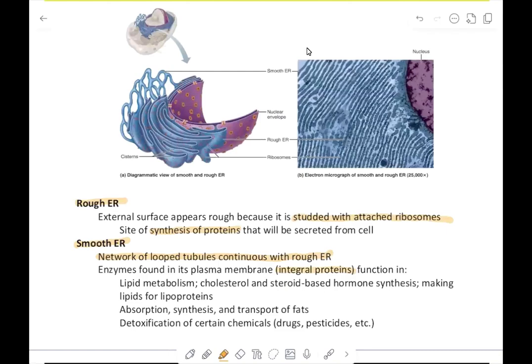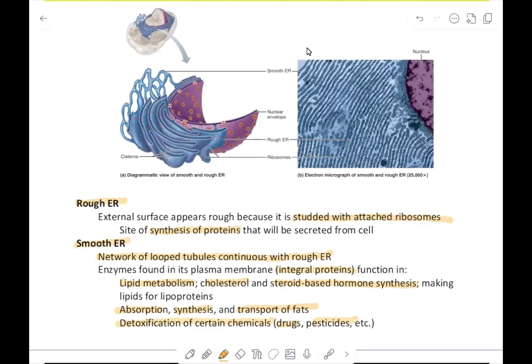Some of the functions of the smooth endoplasmic reticulum are lipid metabolism, cholesterol and steroid-based hormone synthesis, absorption, synthesis, and transport of fats, as well as detoxification of certain chemicals like drugs and pesticides.